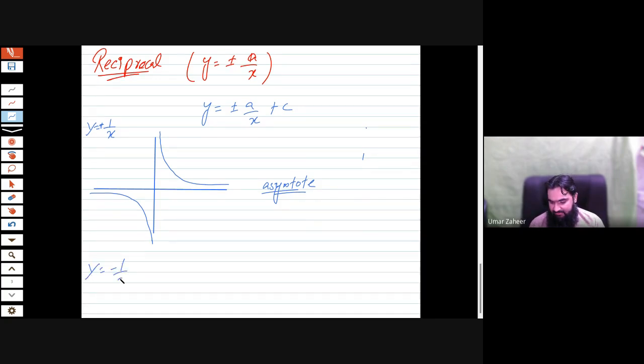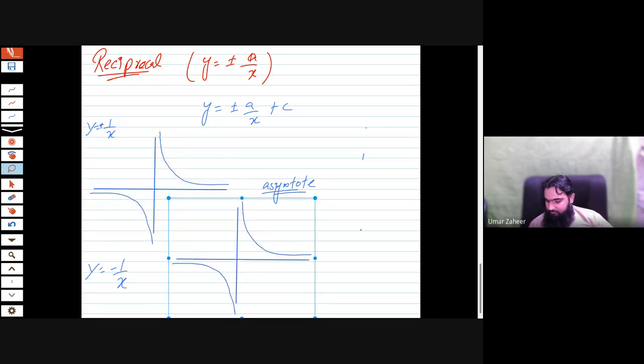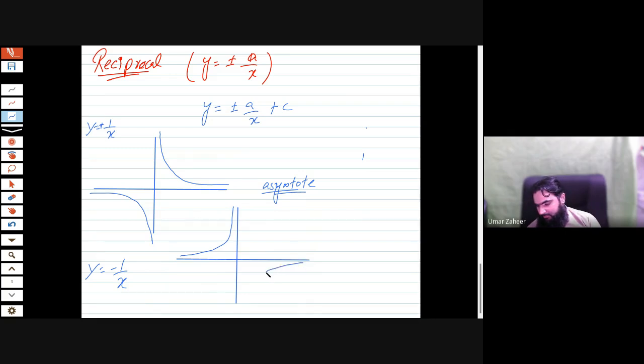If it is negative, then the graph is going to be in the second quadrant and in the fourth quadrant. Clear?